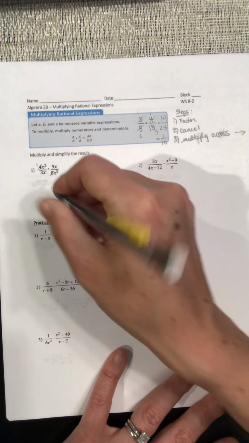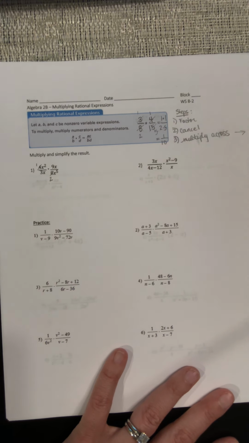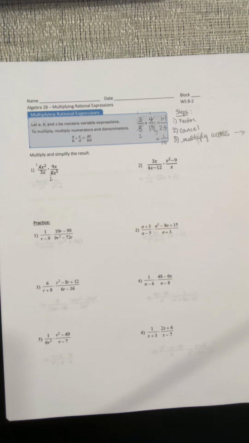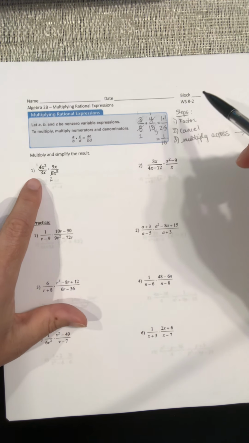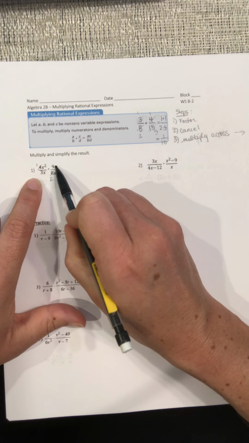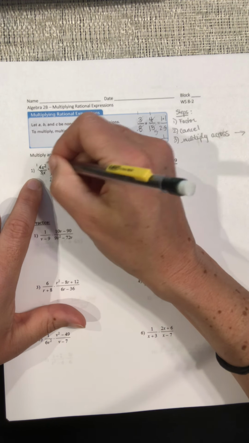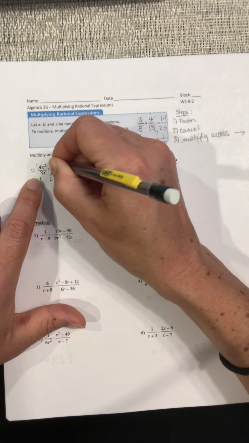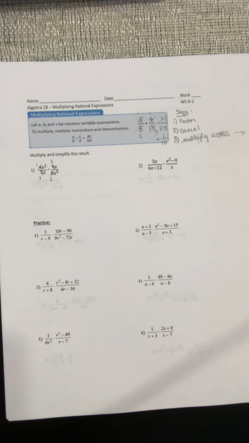This becomes 1 and that becomes 2. Looking at the numbers first, the 3 and the 9, numerator to denominator: 3 is a factor of 9. So this becomes 1 and that becomes 3.